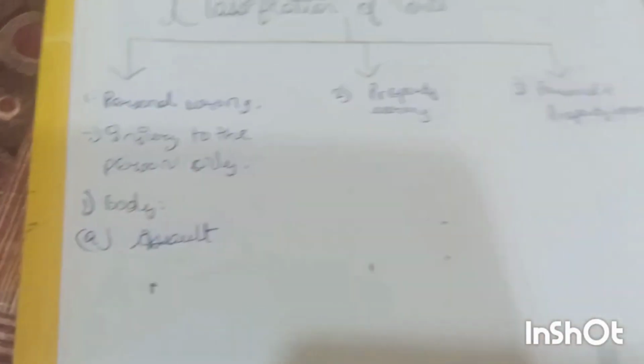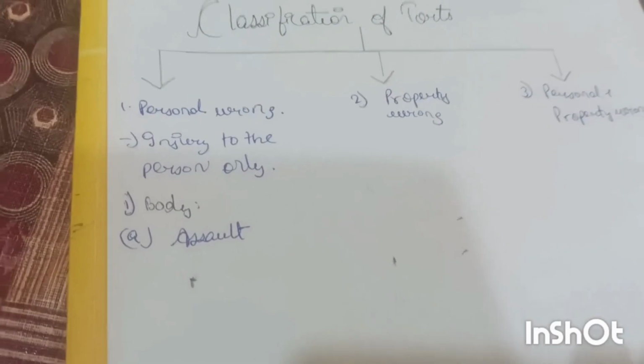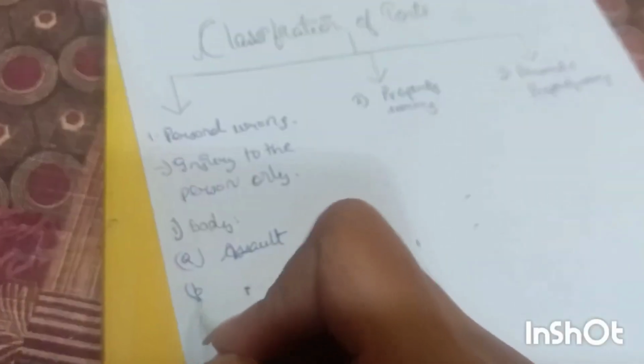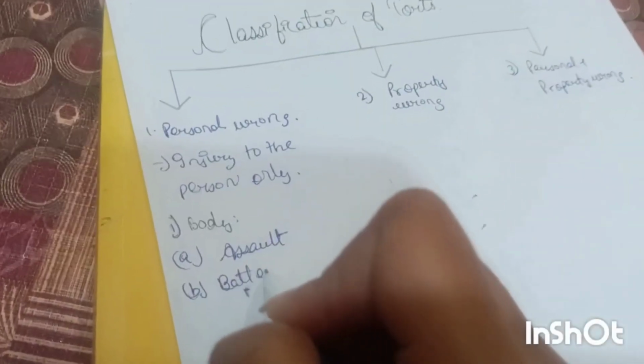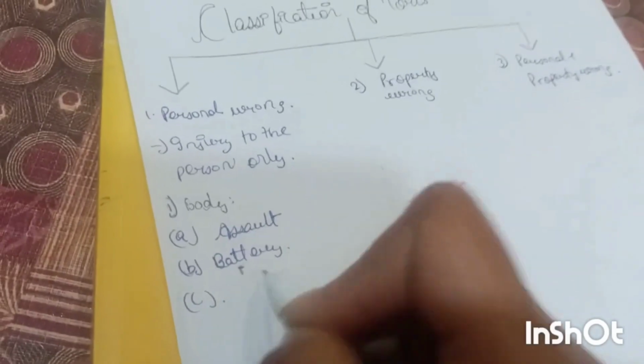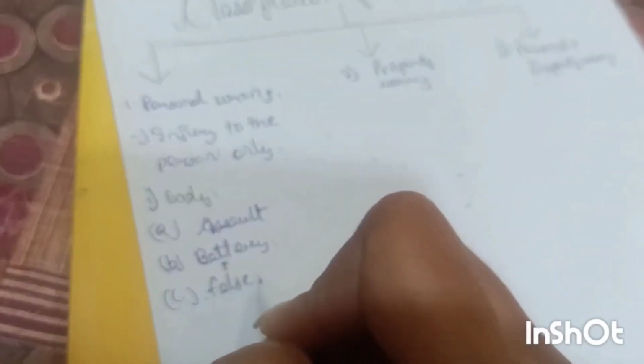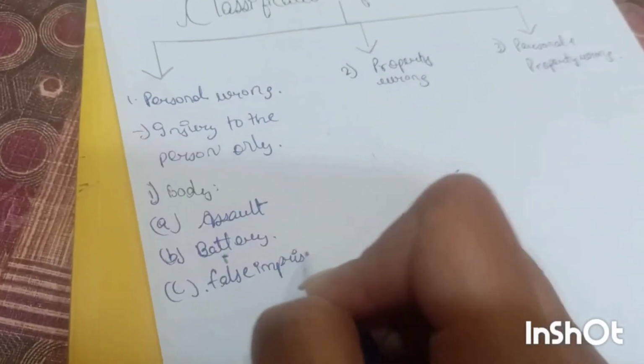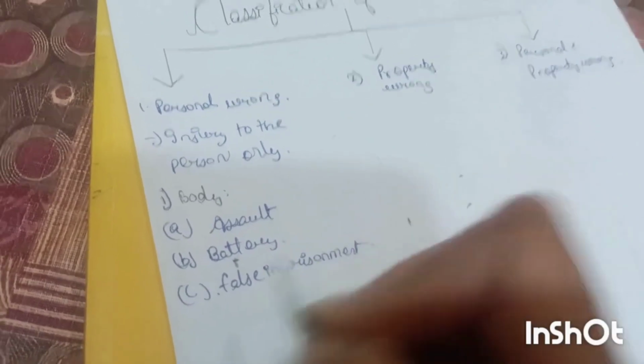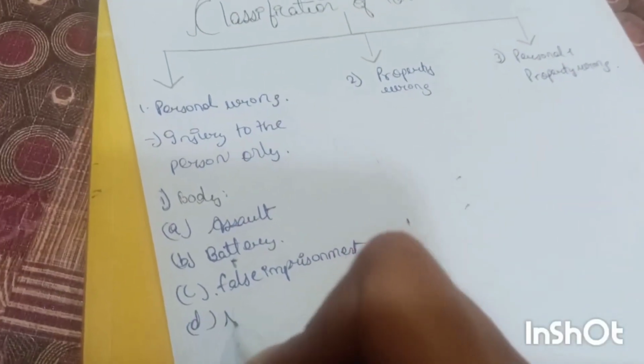You can all write it down first, then I will explain one by one. The second is battery, the third is false imprisonment, and the fourth is nervous shock.